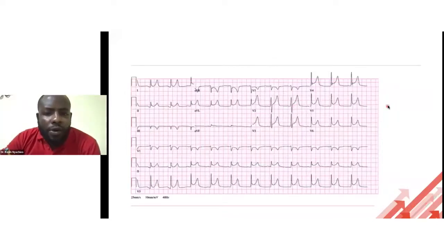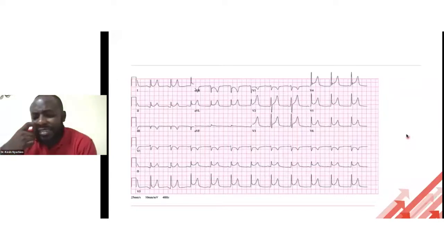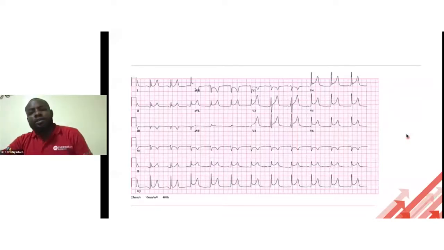History here: it's a 42-year-old or 30-year-old male who has come in with very sharp chest pain. This pain is worse when supine. It is improved when he's sitting forward or sitting up.